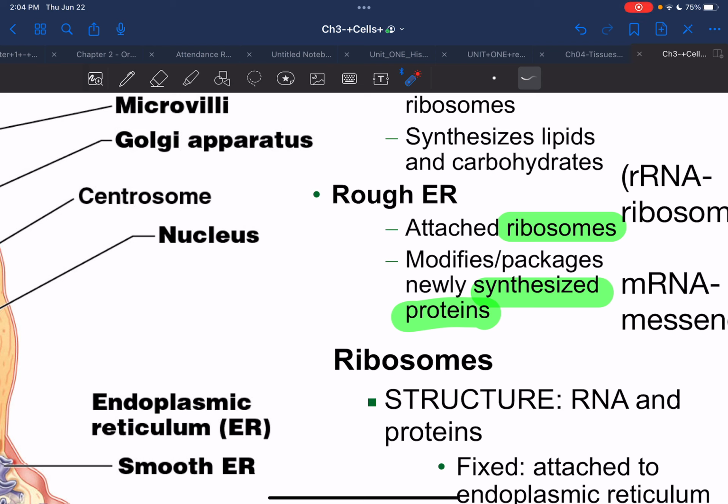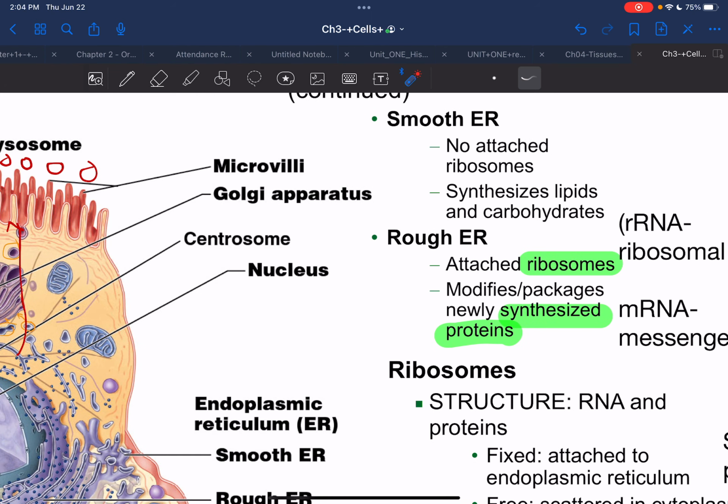So the smooth ER deals with the last 2, right? So you can see that all 4 have been addressed. We've dealt with proteins: the ribosomes attached to the rough ER synthesize proteins. Lipids and carbohydrates are synthesized by the smooth ER. And then DNA and RNA, not really involved right now. We'll be in a second, but not right now.